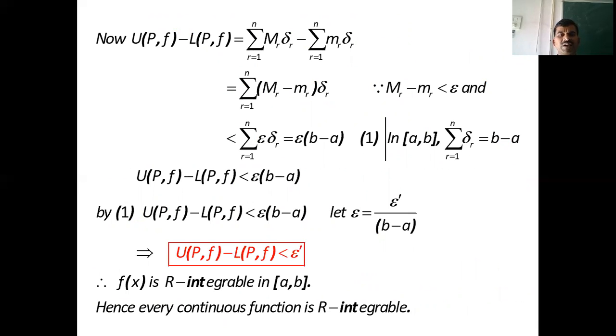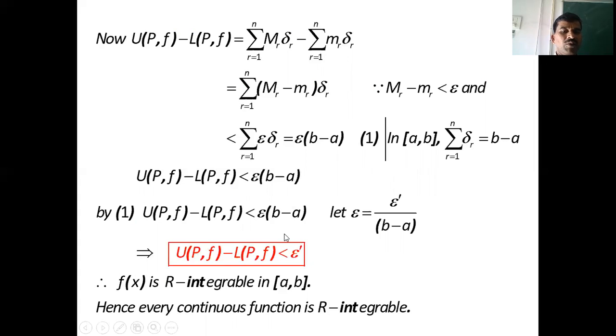Substituting the definitions of upper sum minus lower sum, delta r is common between them, so that Mr minus mr is less than epsilon. That is, the supremum over the subinterval minus the infimum over the subinterval is always less than epsilon, and the summation of delta r is also b minus a.